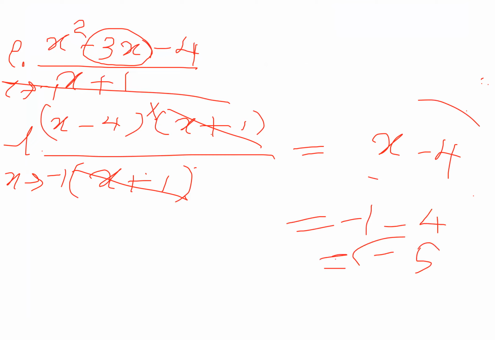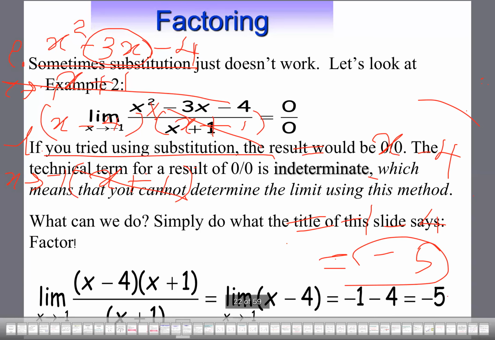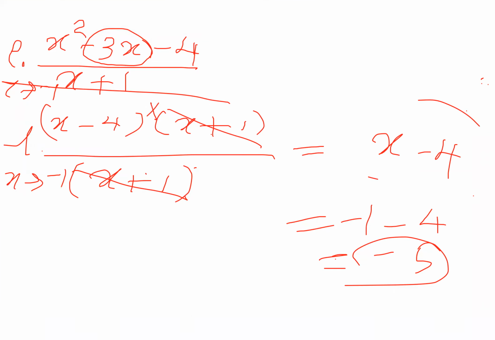Now we got the value. In this function, when x moves to minus 1, our function's value equals minus 5. So that is the second method we can apply to find the limits.